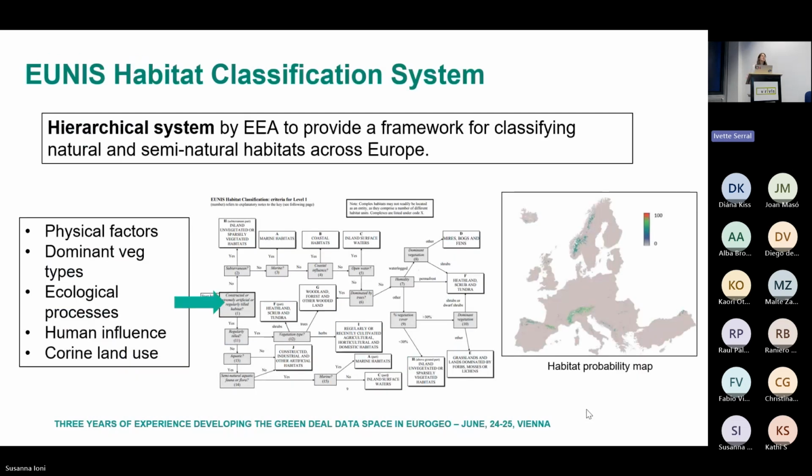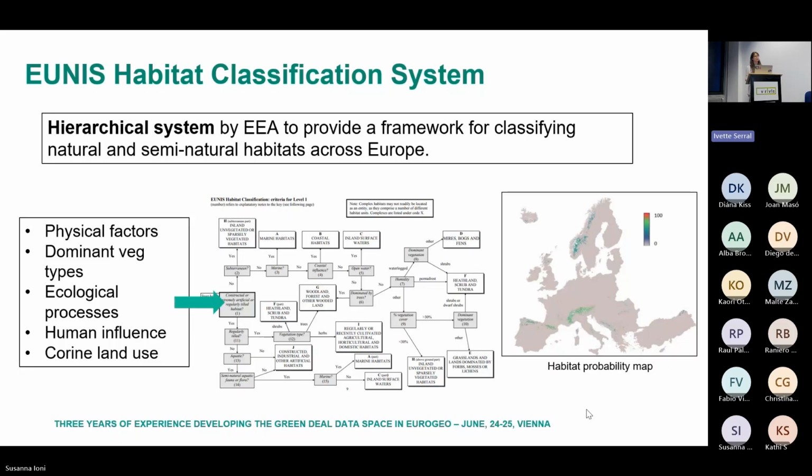So what is actually this system? This habitat classification system was implemented by the EEA, and it's a hierarchical system that gives a framework for classifying the natural and non-natural habitats all over Europe.